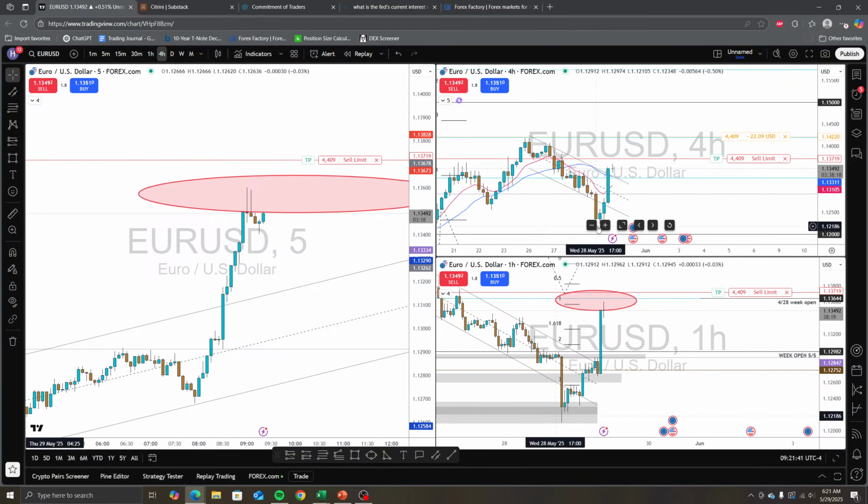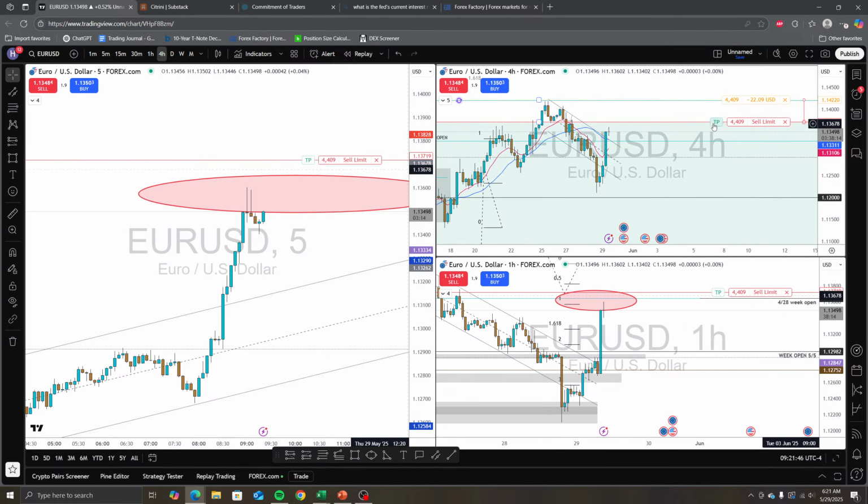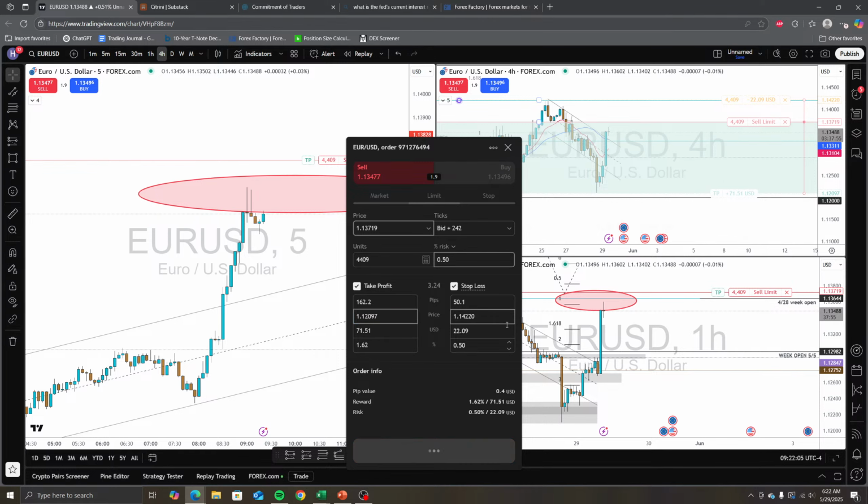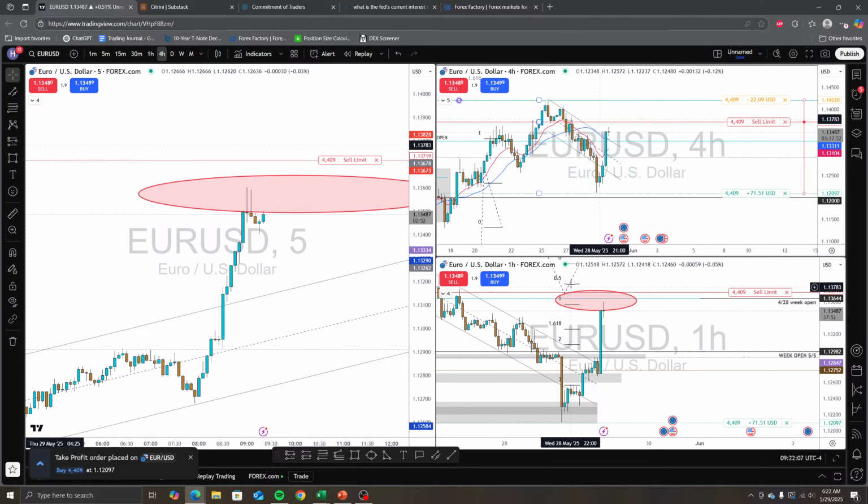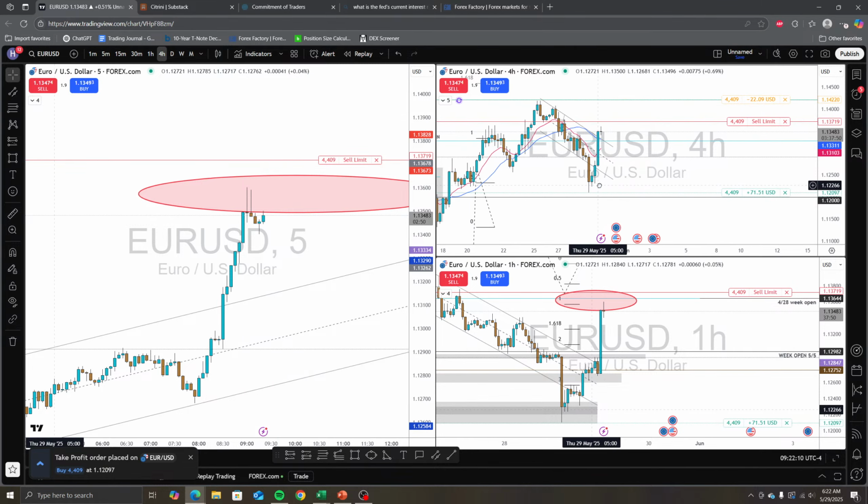I mean, even then, if it hits my entry right here, I usually try to aim for a 3-to-1 risk to reward ratio. So if I'm risking 22, then I'll have to be making around 60, which means I'm basically saying that the price will be going back down to that price before unemployment claims came out.